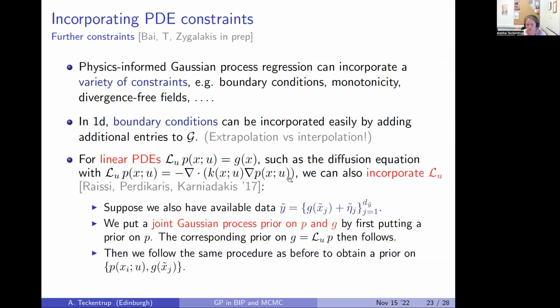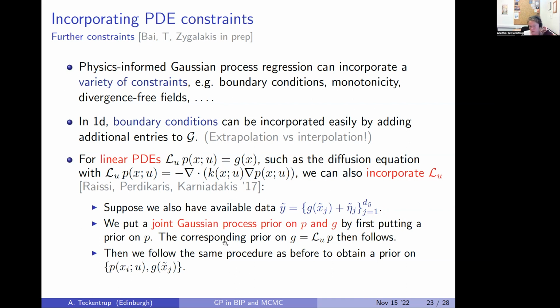You can also incorporate really that you're solving a PDE, right? So if you think of the example that we had in the beginning, where we're solving this PDE, we have a linear operator L that is this diffusion problem, and we know that L of U is equal to G. What you can do in this case is actually incorporate the PDE operator L of U into the Gaussian process regression as well.